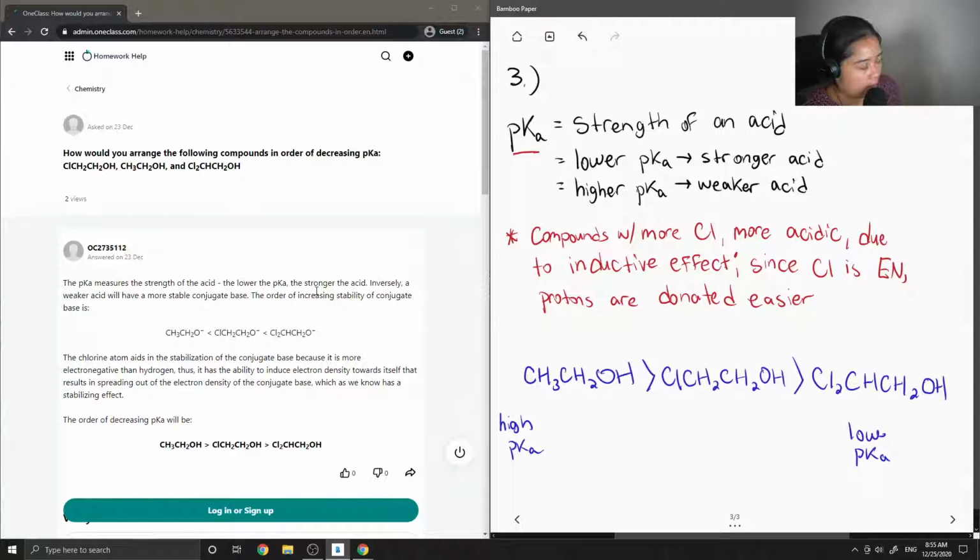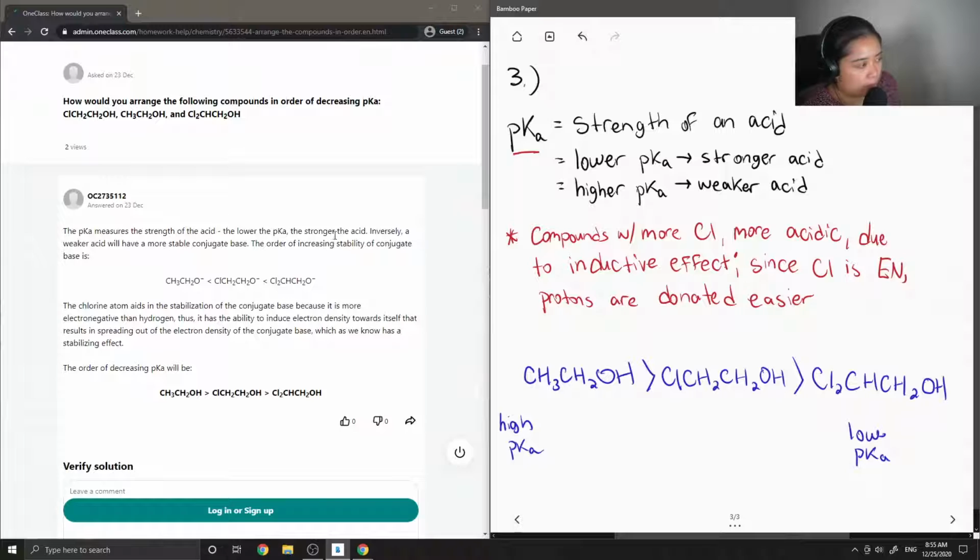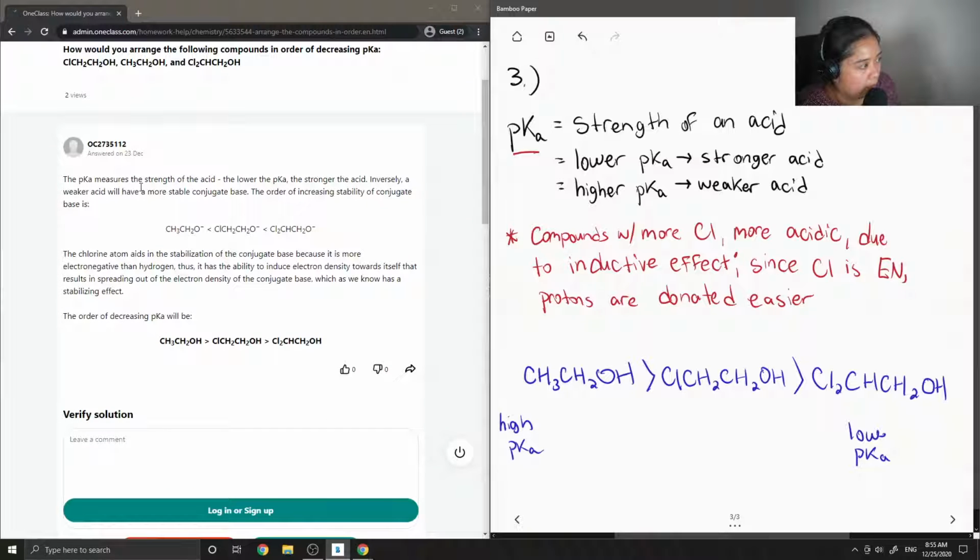Okay, so now let's see what the junior tutor said. The pKa measures the strength of the acid. The lower the pKa, the stronger the acid. Inversely, a weaker acid will have a more stable conjugate base. The order of increasing stability of conjugate base is, and then they show all the different acids when they're deprotonated, so that's what the conjugate base is.